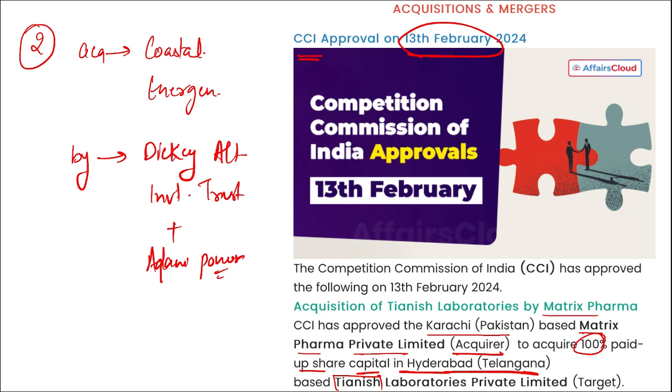Right, so do remember CCI gave approval to Ahmedabad, Gujarat based Adani Power Limited and Gurugram based Dickey Alternative Investment Trust to acquire 100% paid up share capital of Chennai, Tamil Nadu based Coastal Energen. Right, both of these acquirements you need to remember, first and second.